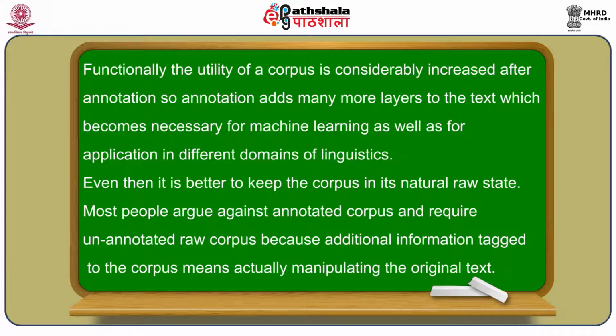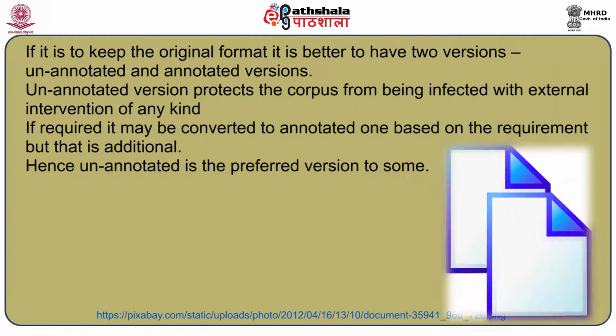Most people argue that they don't want the annotated one. Their requirement is an unannotated raw corpus, because additional information tagged to the corpus means actually manipulating the original texts. We don't require that kind of text. So there is a requirement for an unannotated version of the corpus, to keep it in its natural way.